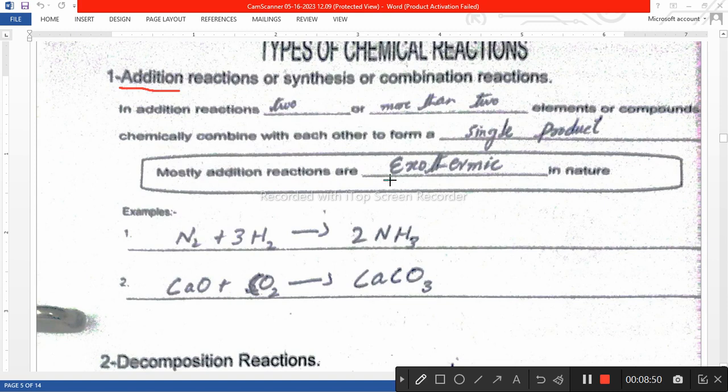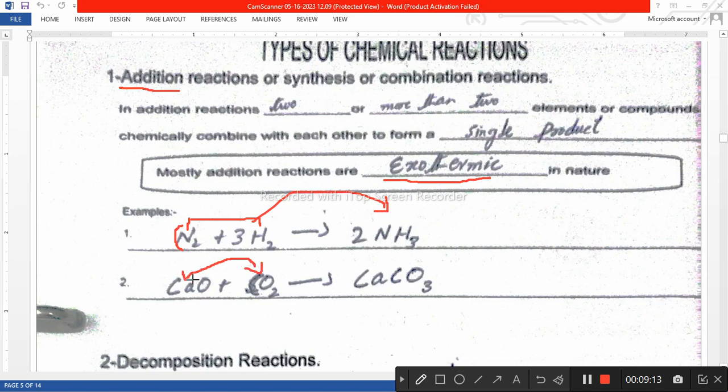Exothermic means which releases heat. Examples are nitrogen and hydrogen, two elements, combining together to form a single product, and that is ammonia. So it is an addition reaction. Here CaO and CO2 combine together.